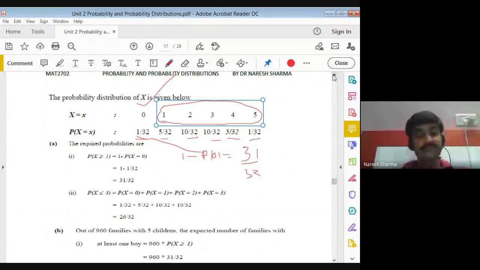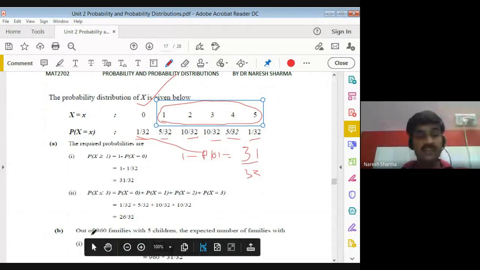So in part B, out of 960 families of 5 children, what is the expected number of families? If we have the probability, which is out of 1, then to get the expected number we just multiply this probability by the number, that is 960.